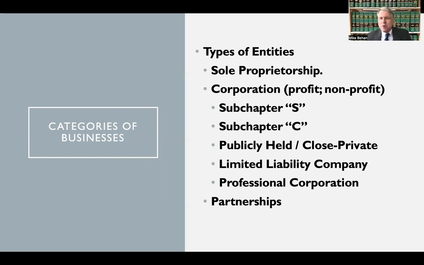Whereas the C corporation has no limitation on the number of ownership shares, and when you have a publicly held corporation, it would almost be impossible for it not to be classified as a C corporation.